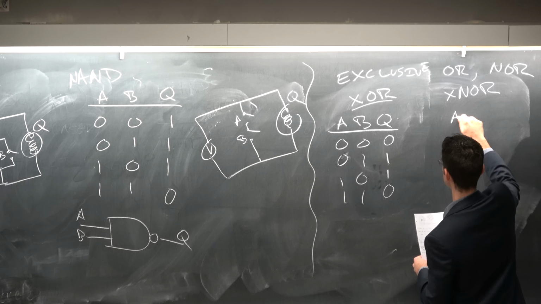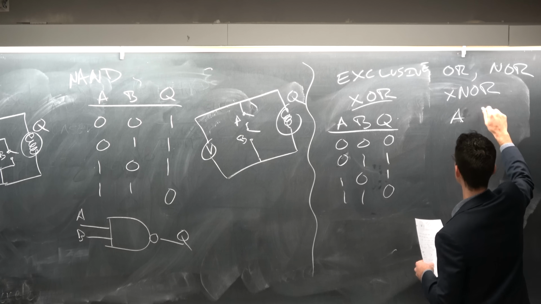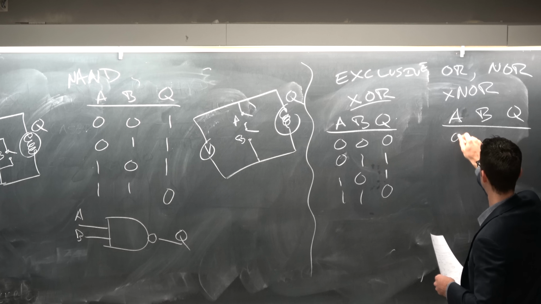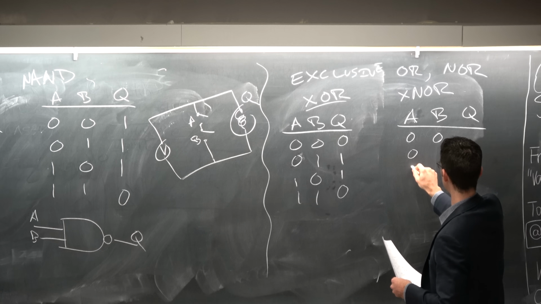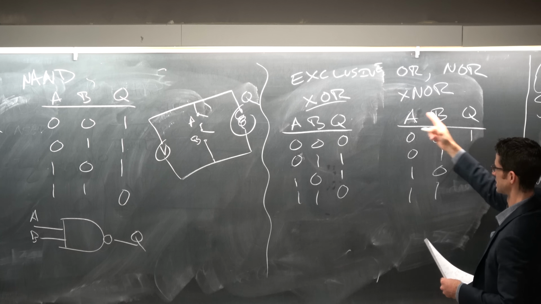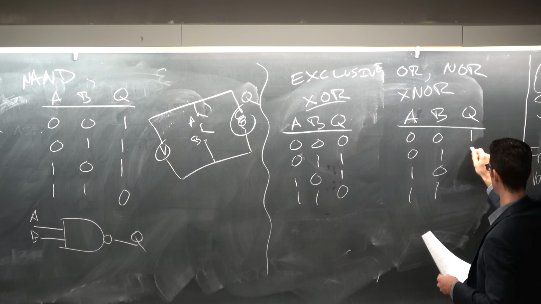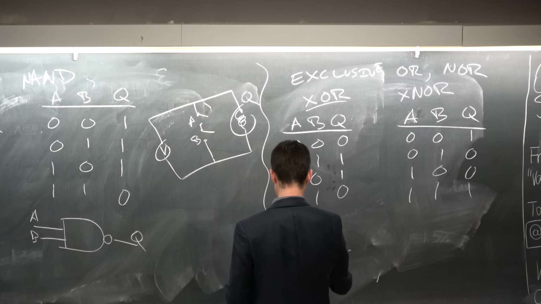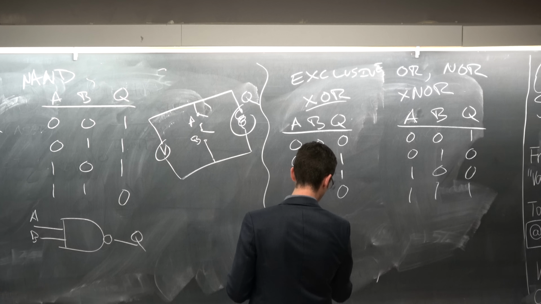We're really getting into sci-fi naming conventions here. XNOR: 0 0, 0 1, 1 0, 1 1, and we know this has to be the opposite of XOR, so it's 1, 0, 0, 1. And the symbols for this, the electrical engineers and philosophers got really creative here.